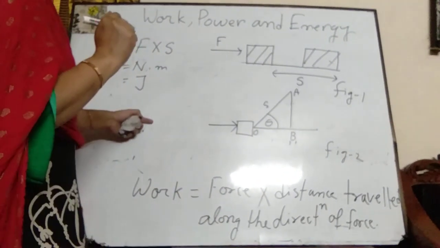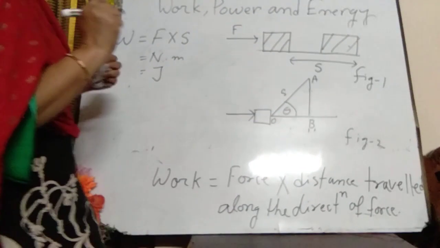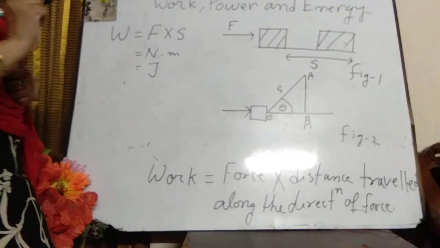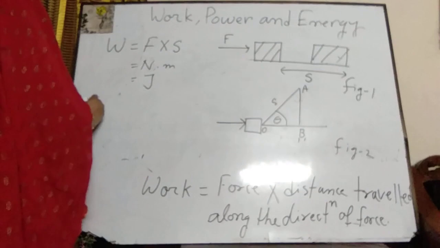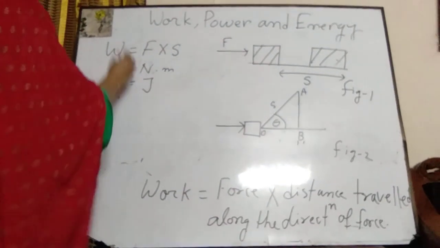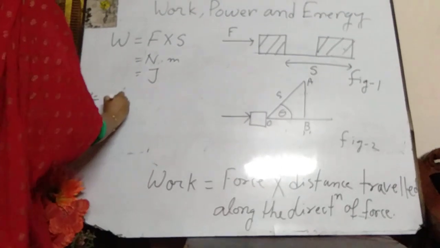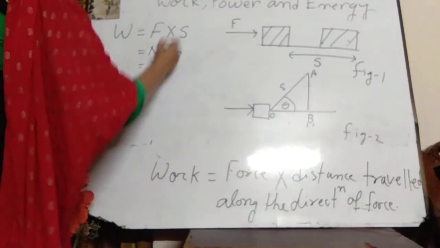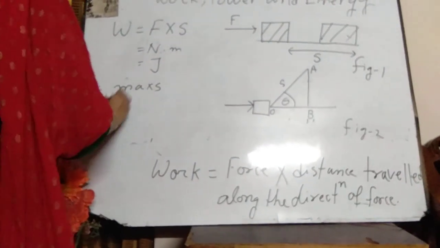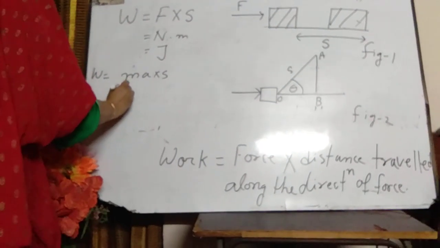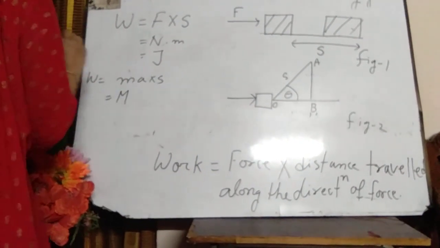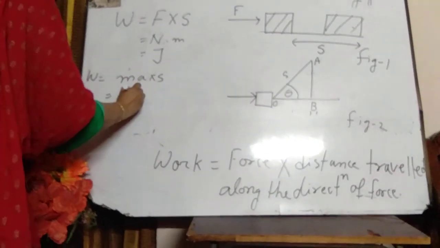And I will also explain how to calculate the dimension equation of work. Work equals force into displacement, isn't it? But force equals what? Mass into acceleration, MA, into S. M, that is mass, its dimension is capital M. A, that is acceleration, its dimension is L T inverse 2.